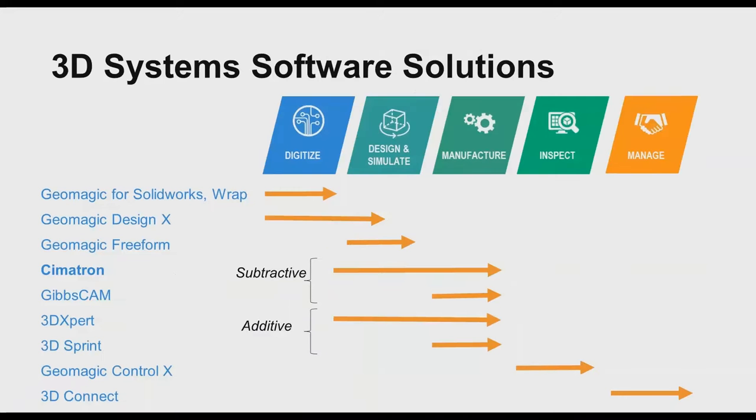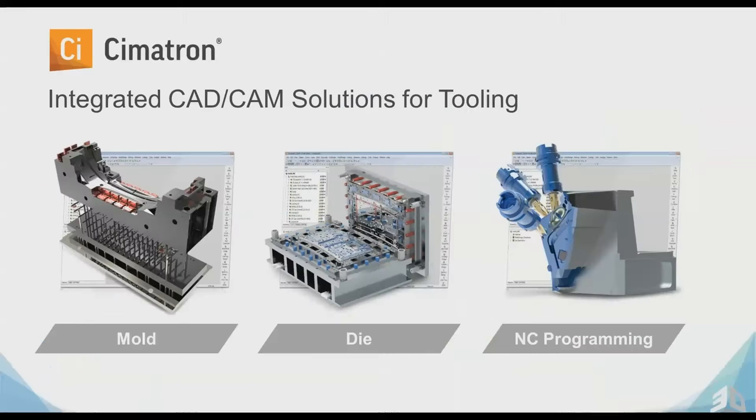The suite of software offered by 3D Systems has been designed to provide solutions for both subtractive and additive manufacturing, to help you cover every stage of the manufacturing process. Today, we will be focusing on just one of the subtractive manufacturing solutions, specifically the Cimatron software for NC. Cimatron itself is an integrated CAD/CAM system designed for tool makers.